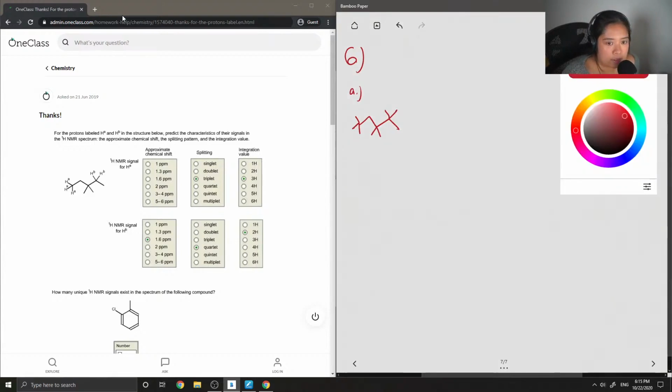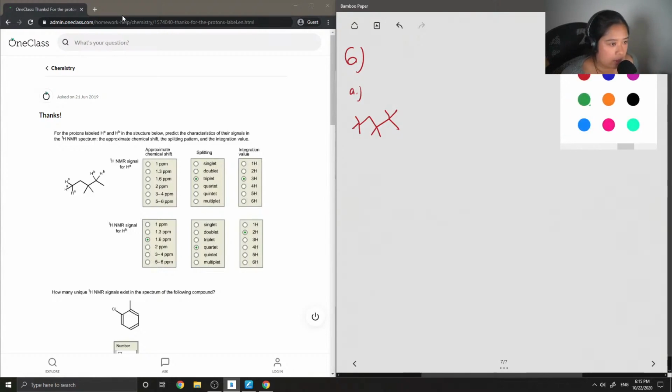I'm going to use different colors for these different hydrogens. So for HA, I'll use blue. And then for HB, use black.